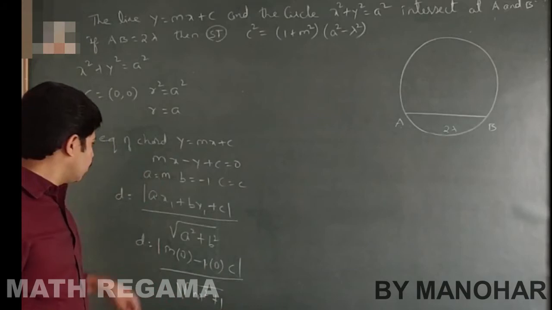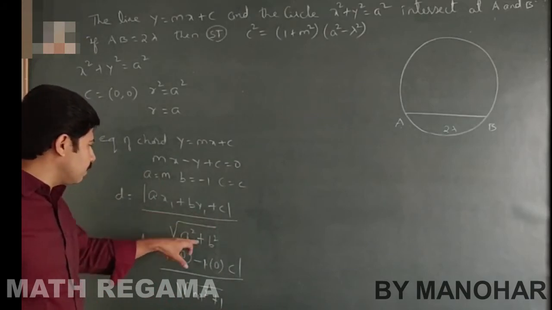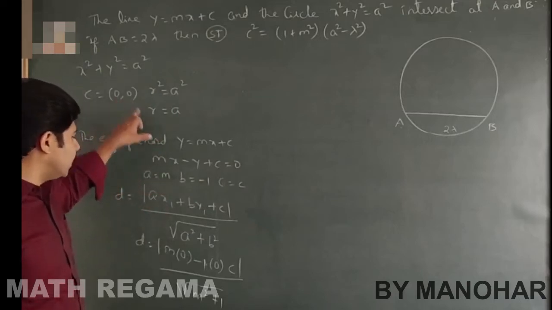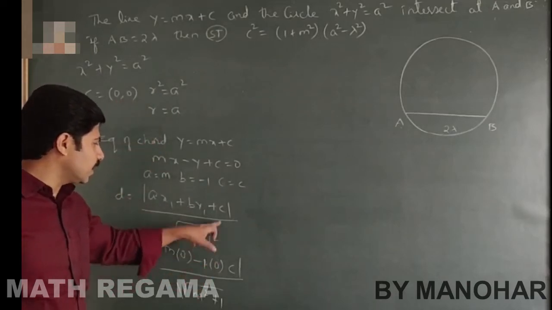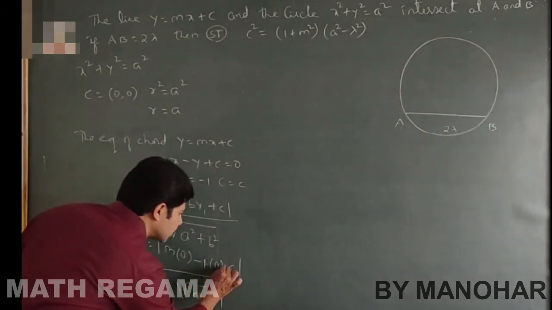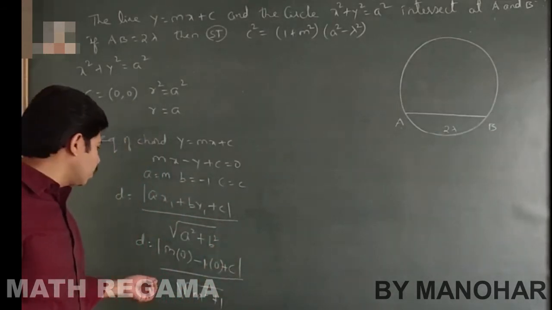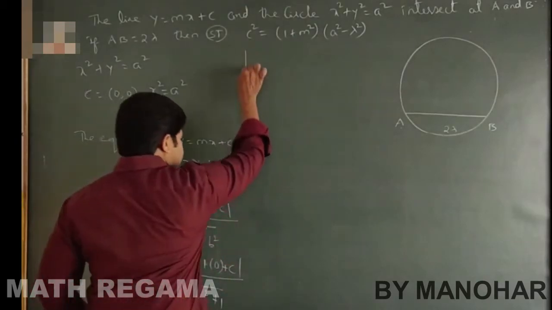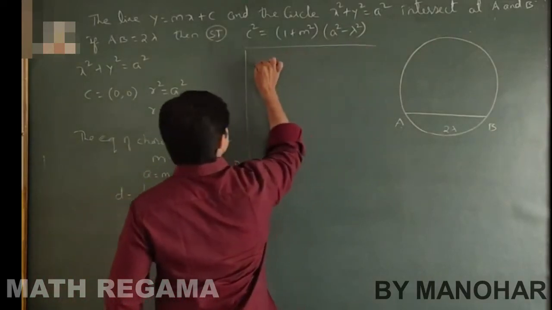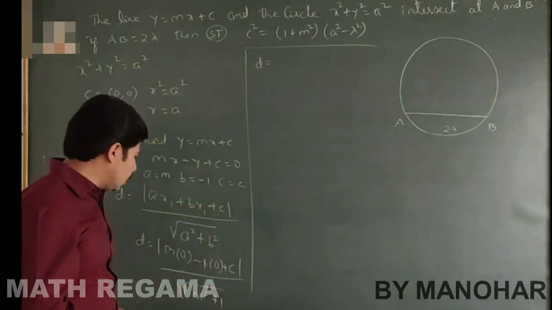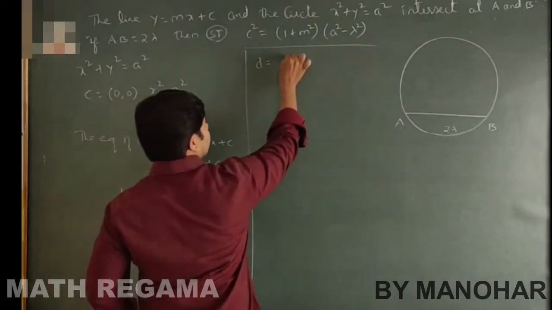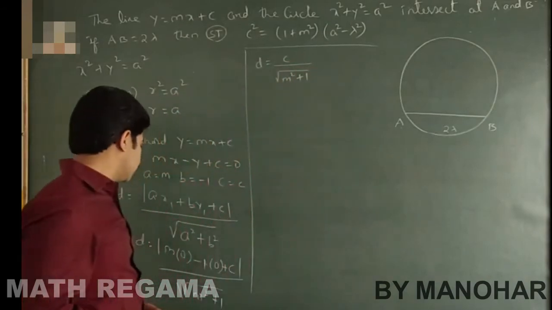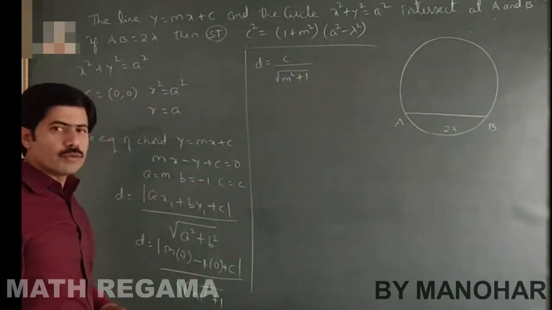First we find out d value. d value is ax1 plus by1 plus c by under root of a square plus b square. a is m, b is minus 1, x1, y1 is center, and c value is c. Now we got the value of d. Just simplify this d. So d is equal to c by under root of m square plus 1.